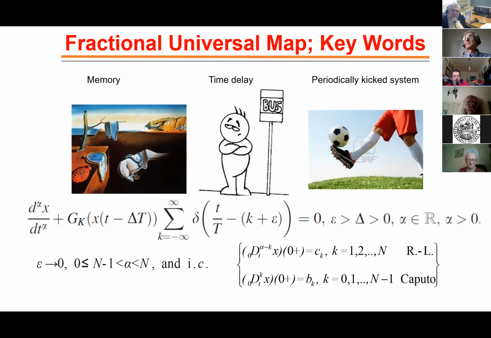And the conclusions look like, in the fractional case, if there is memory, there is more stability or more chaos. And this is, again, not completely correct.